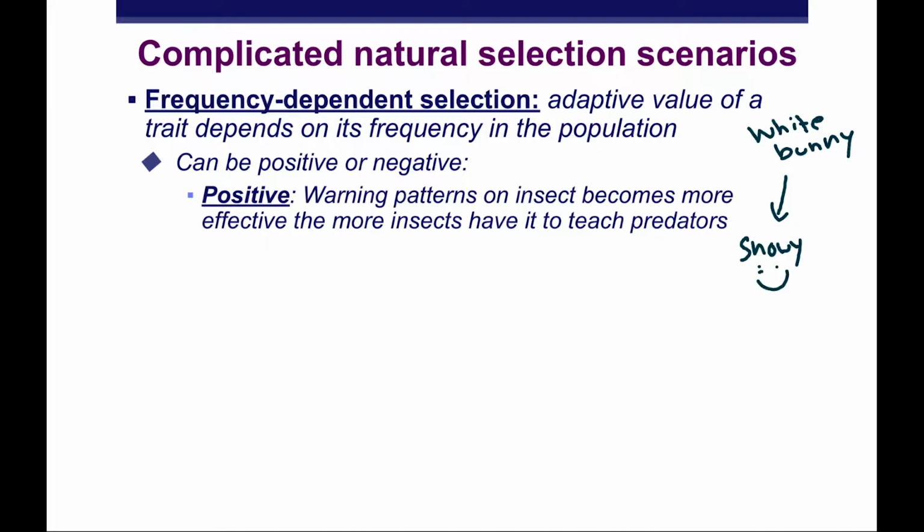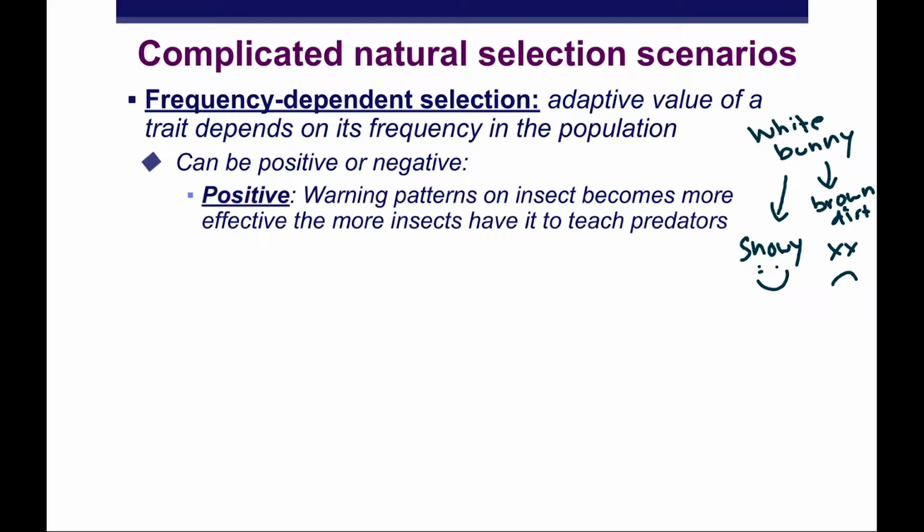But that white bunny is more likely to die and have issues if it's in brown dirt. Okay? This is why a lot of animals actually have the ability to change their fur color if they're in an area that has really different climates. They can change their fur color in different seasons, and those are the organisms that are best adapted to the environment they're in.